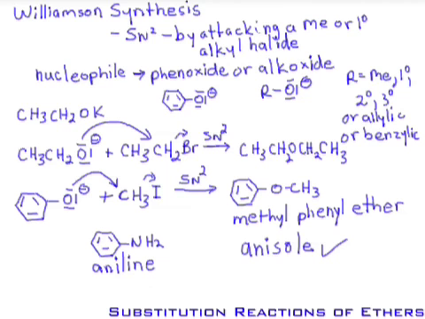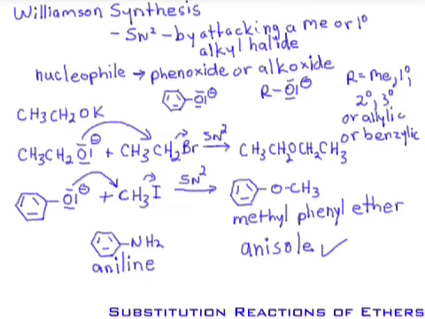What about the reactivity? Well, the great thing about ethers is they have limited reactivity. That's what makes them good solvents. The last thing you want a solvent to do is react with a lot of compounds. If you want to dissolve something and carry out a reaction in the solvent, you don't want the solvent interfering with the reaction. Ethers are great for that because ethers don't do a lot of reactions.